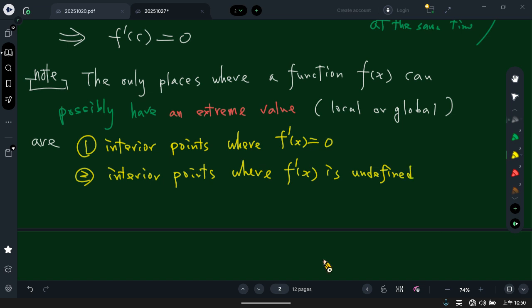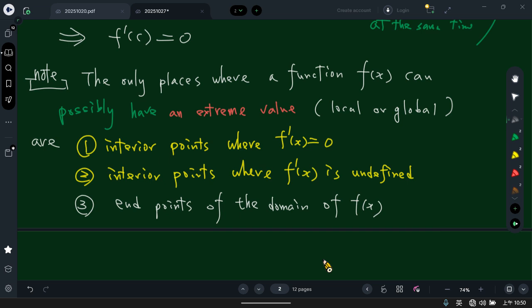The third one, quite common, is the 2 endpoints. Don't forget the 2 endpoints also possibly provide the maximum value or minimum value to you. So the 2 endpoints of the domain of f of x.